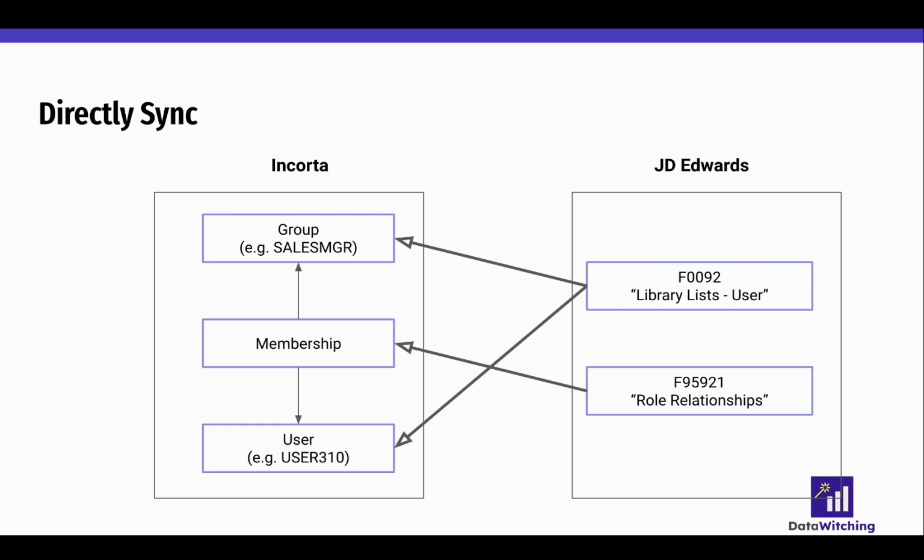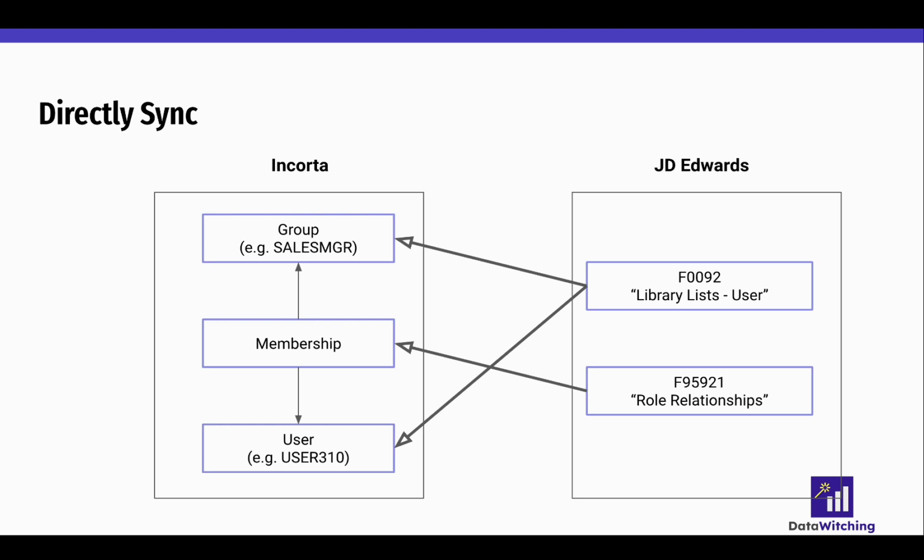Integrating data security with GD AdWords allows users to use the rules defined in GD AdWords to grant access and permissions. For example, a user is a sales manager, and the GDE application already has a group for sales managers. The users, the groups, and the users' membership in the groups can be synced or replicated into Incorta.